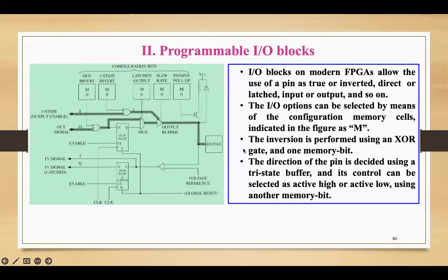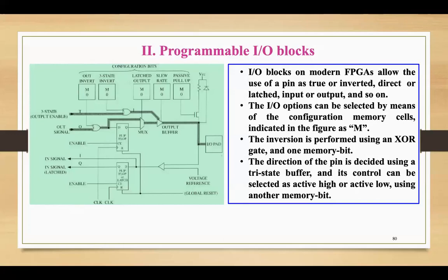The M. The inversion is performed using an XOR gate. As you know, the functionality of an XOR gate: same inputs give 0, different inputs give 1. Based on that, I can configure the output of the XOR gate. The direction of the pin is decided using the tri-state buffer.